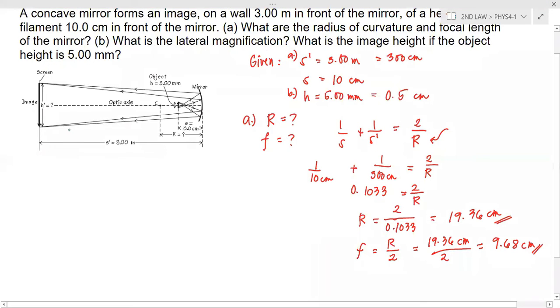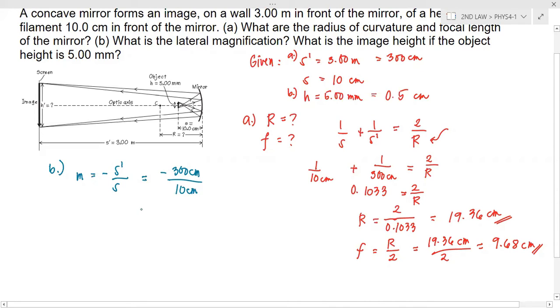For letter B, we are going to look for the lateral magnification and the image height. The formula for lateral magnification is M equals negative S prime over S. Substituting our given, that's negative 300 cm divided by 10 cm.